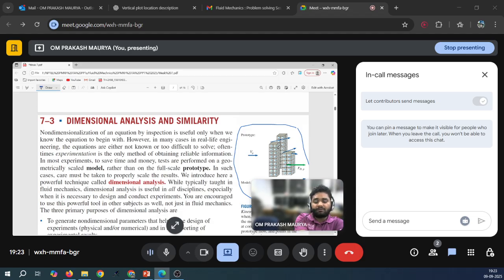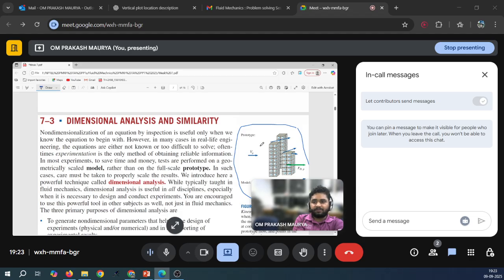Before constructing your building, you have to understand how much wind velocity will act and how much the slenderness matters. If you are not from a civil engineering background you will not understand, so I'll discuss only the velocity and drag force here. For that we prepare a model at small scale.